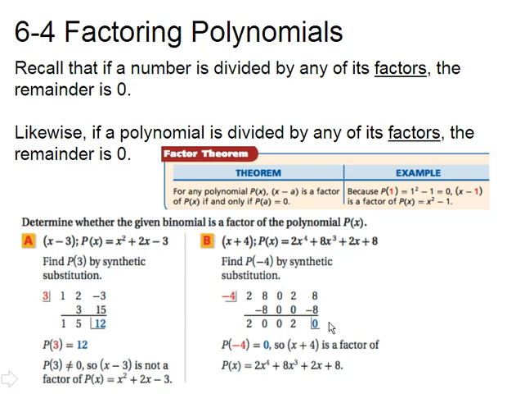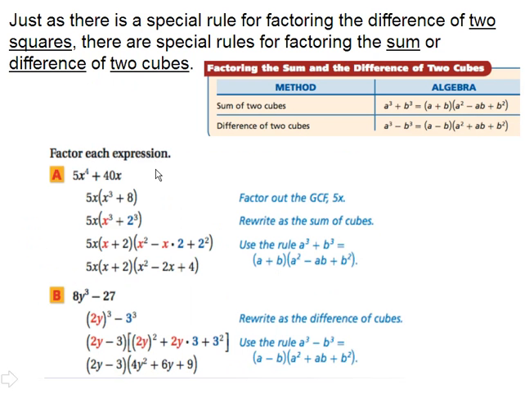So x plus 4 would be a factor of that polynomial. If it is not 0, then it is not a factor. So take a look at those couple of examples there, and that will help you decide if you have a factor or not.